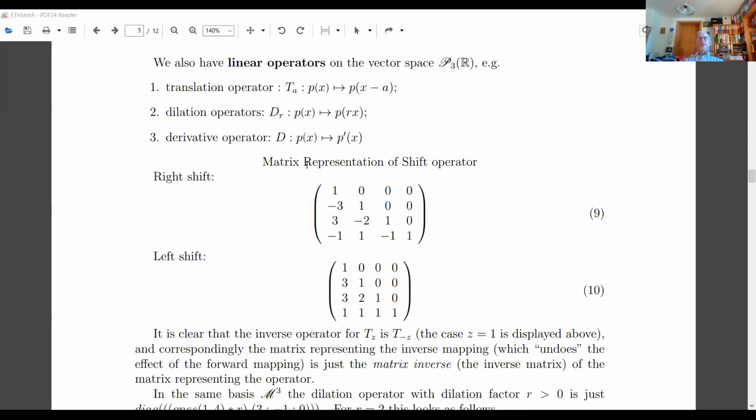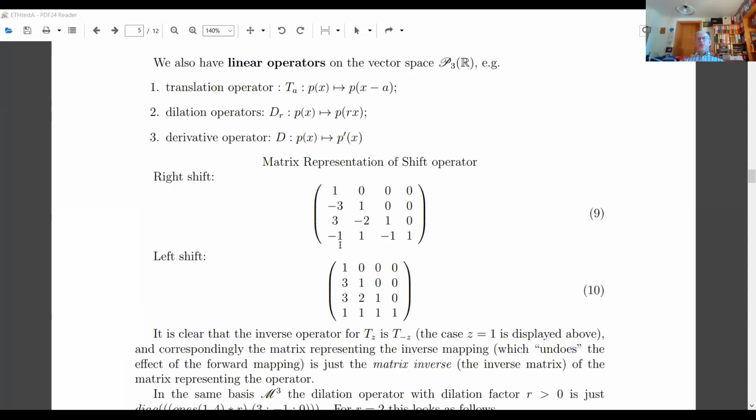So if we do a right shift, and you remember, a right shift means replacing the argument x by x minus 1, because the new function, which is the shifted version to the right, takes the values one step from the left. Now, if you ask what is x to the third power shifted to the right, you will find out it's (x minus 1) to the third power.